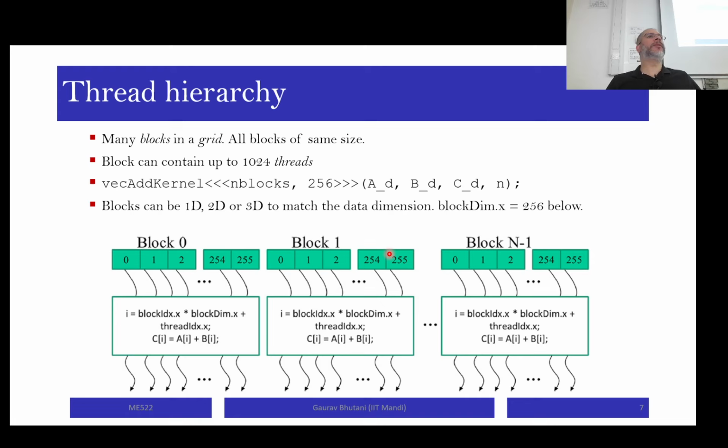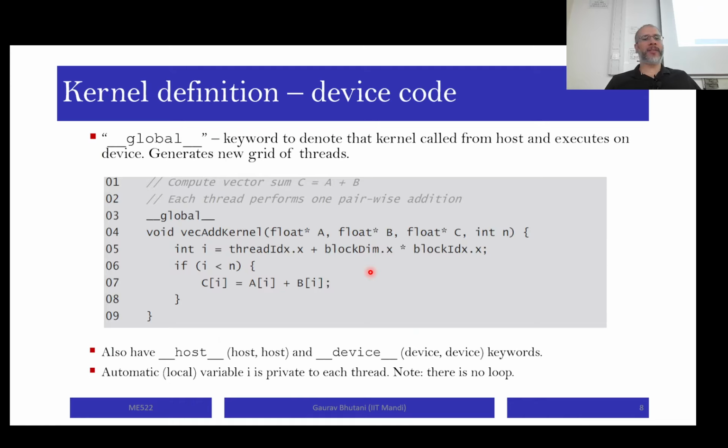So that means that 12 threads will not be doing anything. They just are defined because of the structure of block times number of threads per block. Okay, and typically this number of threads per block is a multiple of 2. So what happens is that some of the threads will be sitting idle. So to take care of the situation where the number of threads in total is greater than the number of indices you want to work with, you have to specify this if condition.